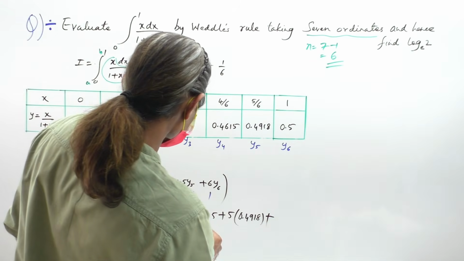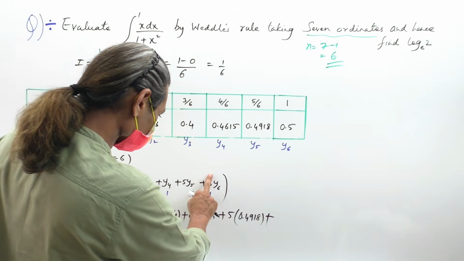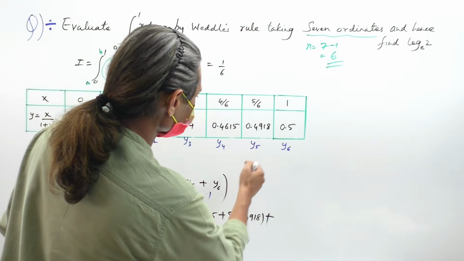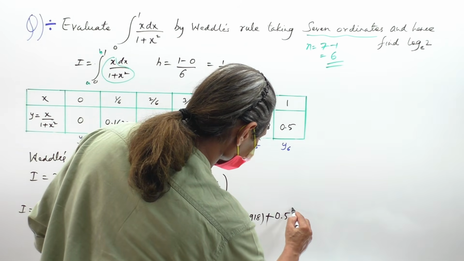Sorry, my bad, this is only 1 times y6. So y6 is 0.5.